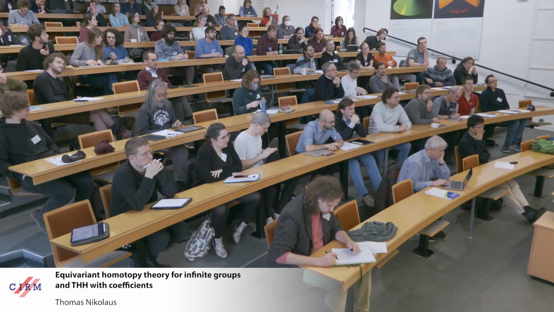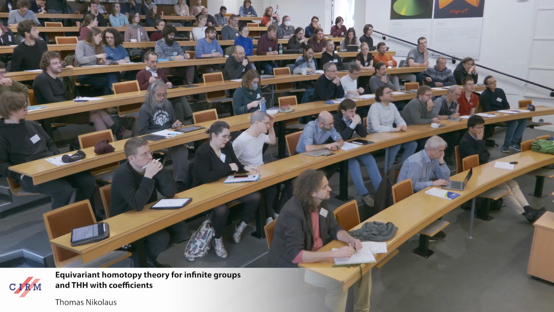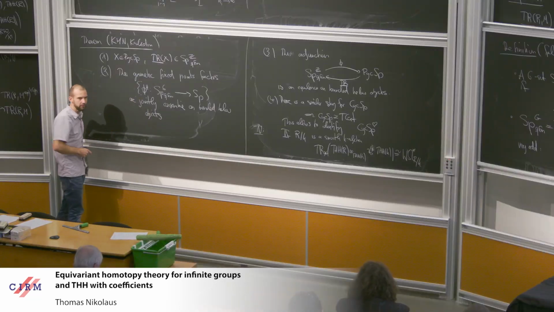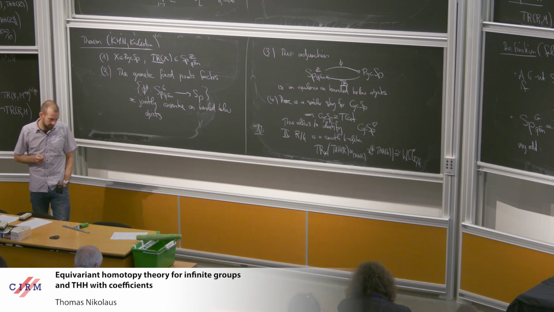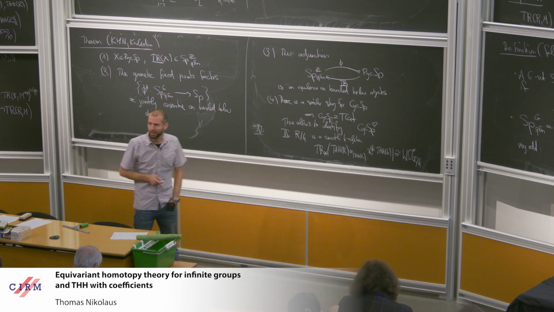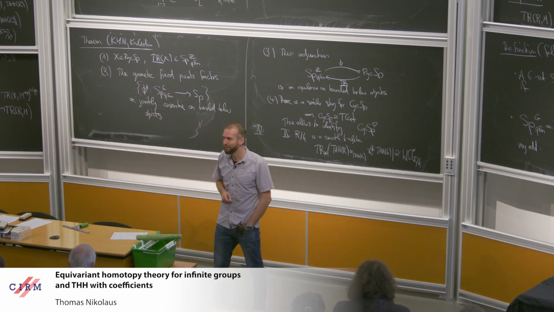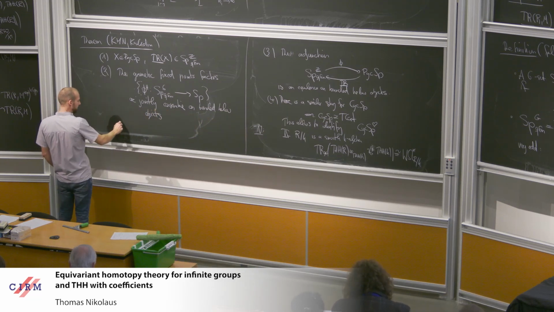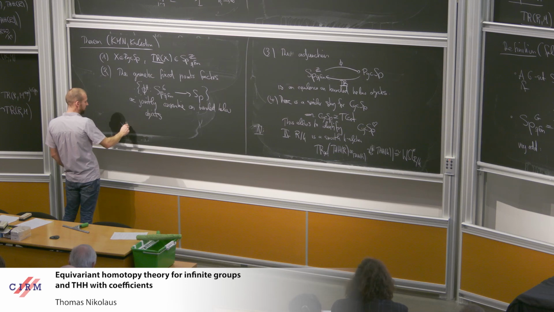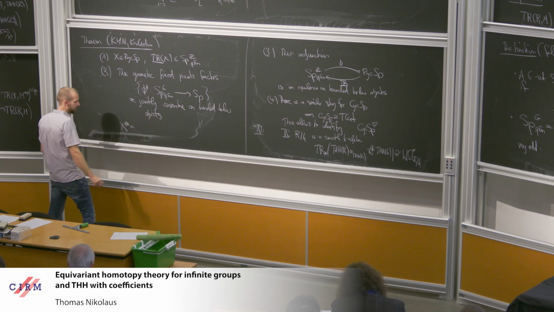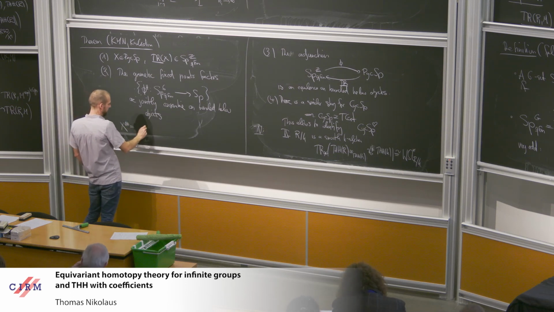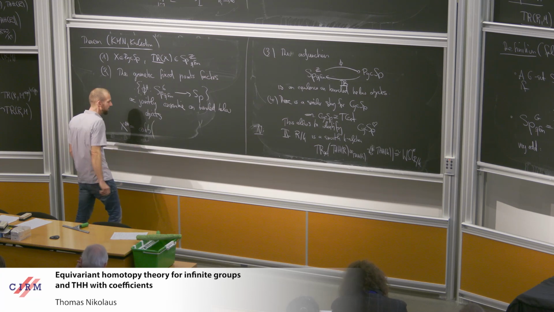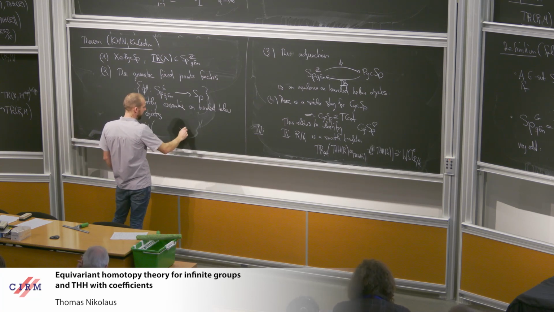Okay, so what you have to do is write down a formula for geometric fixed points. One way to define them is as an adjoint to inflation. Inflation, strictly speaking, makes sense. And then you have to prove a formula like this. Let me give you the formula. Phi H is going to be something like you take a cofiber. Here you have something like X^H, the actual fixed point.